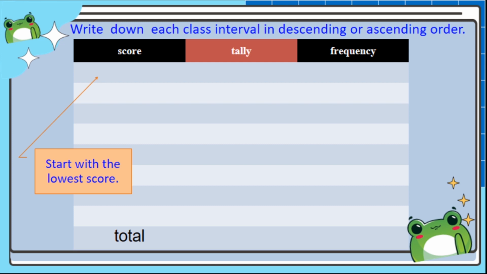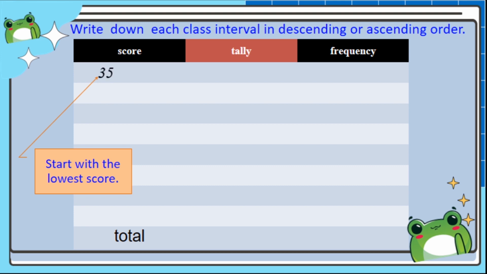The frequency distribution table consists of the primary score source separated into 3 columns like this. The first column is score, the middle column is tally, and the last one is frequency. Students observe the score column. The score will start with the lowest score, which is 35.